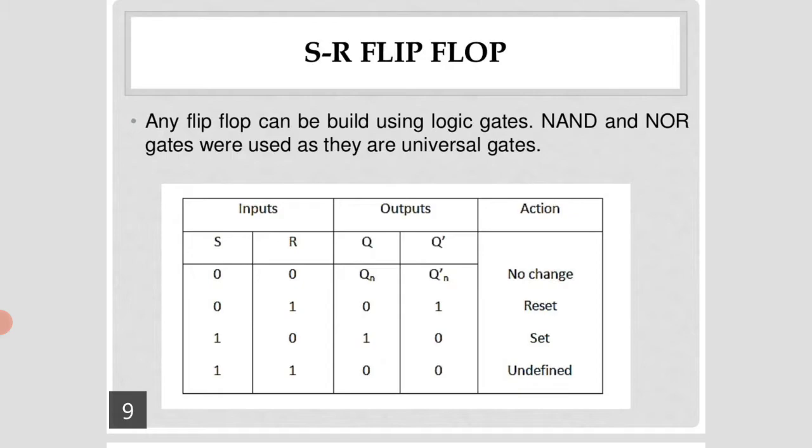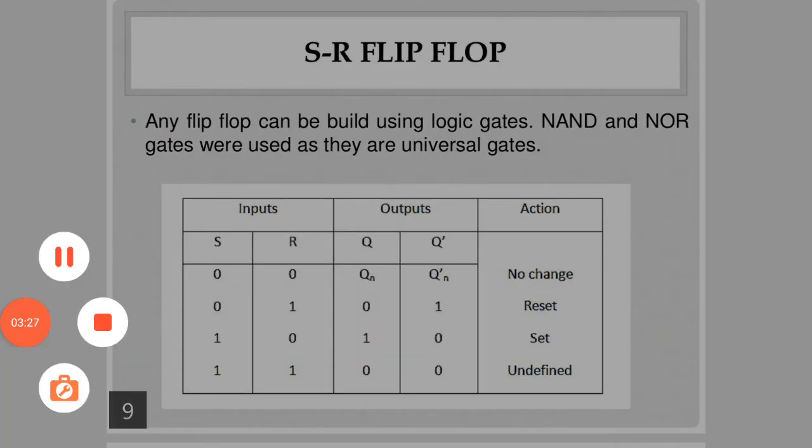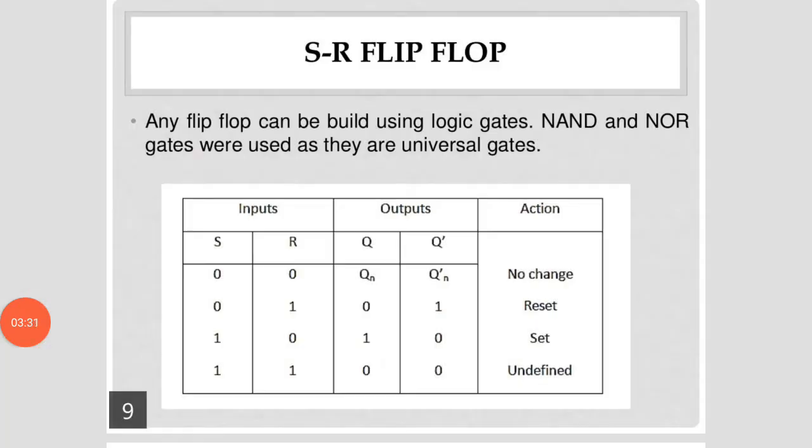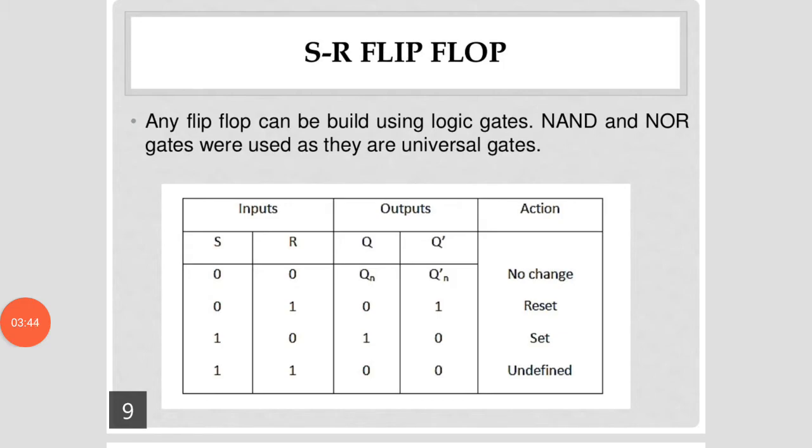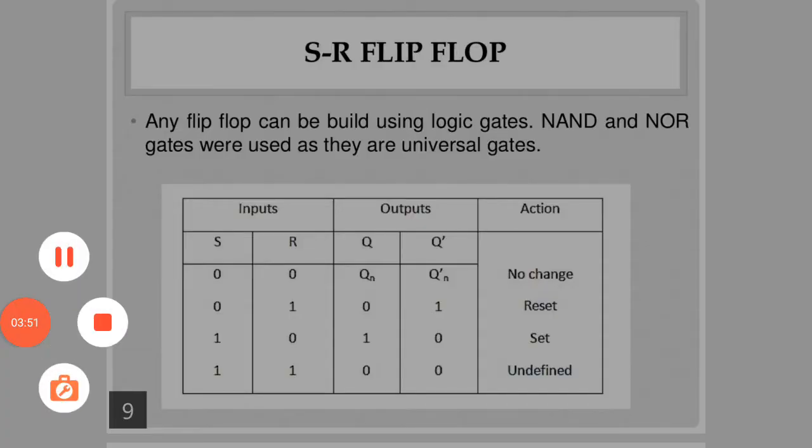Inputs for the SR flip-flop are 00, 01, 10, 11. Output Q is QN for 00, 0 for 01, 1 for 10, and undefined for 11. Q bar output is QN bar for 00, 1 for 01, 0 for 10. Action: 00 no change, 01 reset, 10 set and 11 undefined.